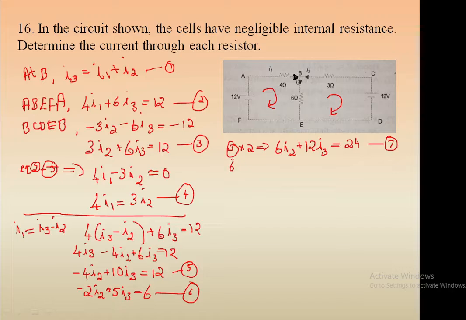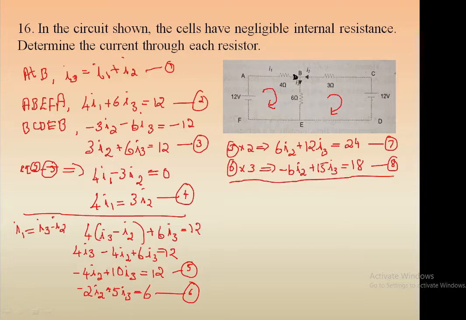Now let us multiply equation 6 by 3. So negative 6I2 plus 15I3 equals 18. That is equation number 8. Now let us add equations 7 and 8.